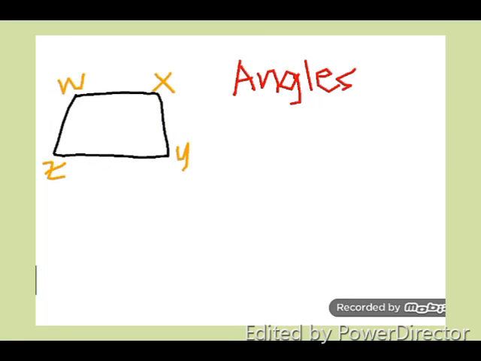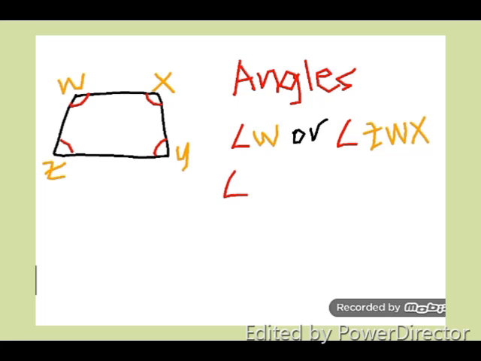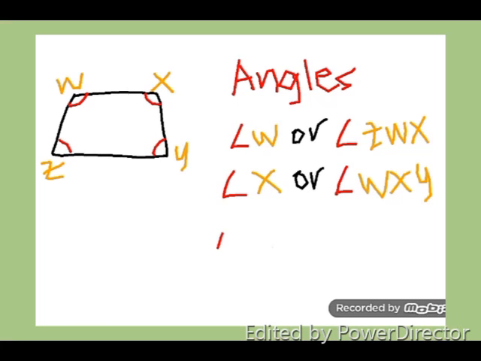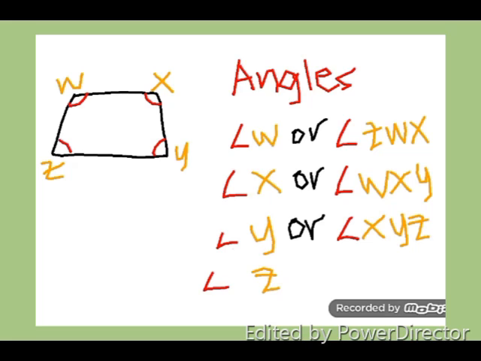So okay, let's go now to the angles of a quadrilateral. The angles here in our quadrilaterals are angle W, angle X, angle Y, and angle Z. Angle W or angle ZWX, angle X or angle WXY, angle Y or angle XYZ, angle Z or angle YZW.